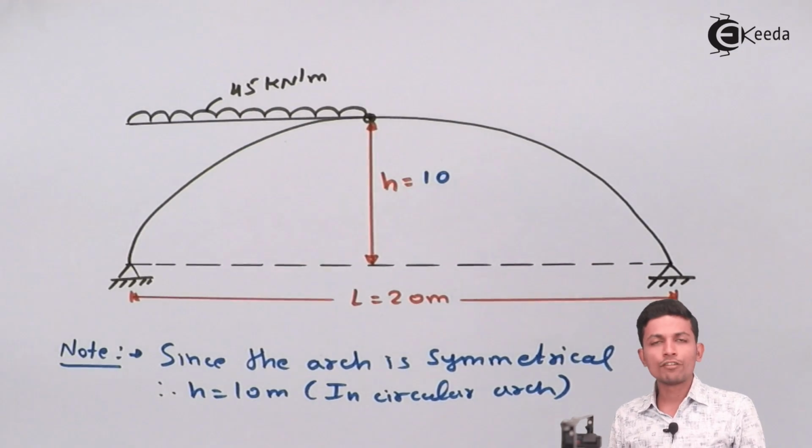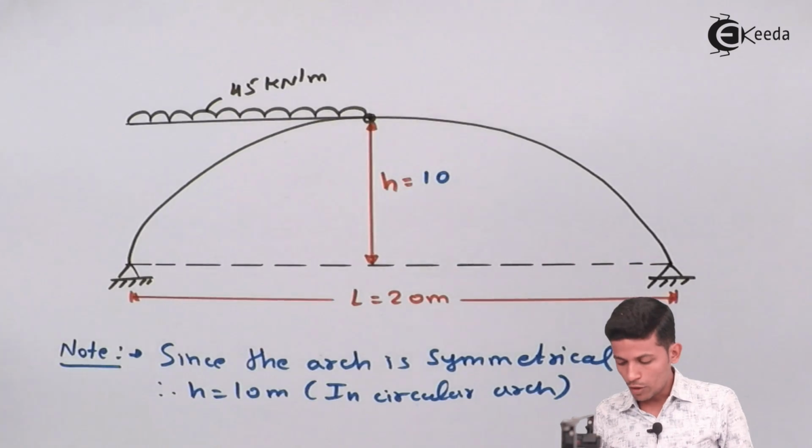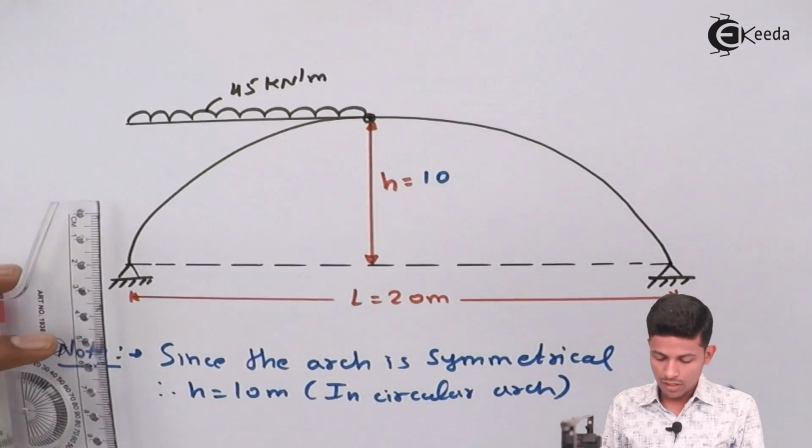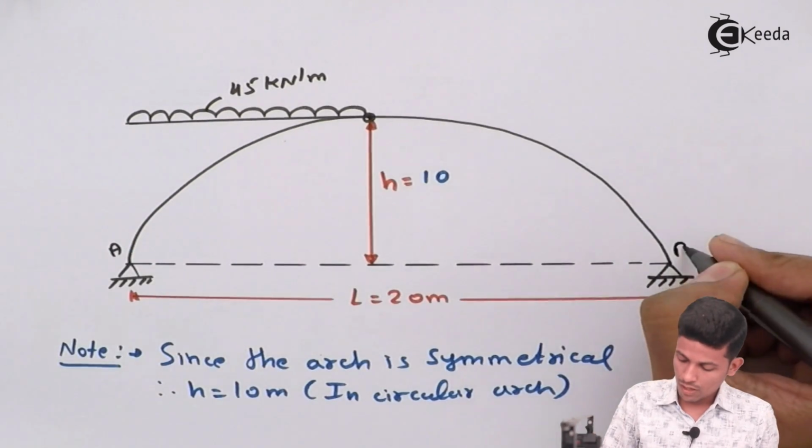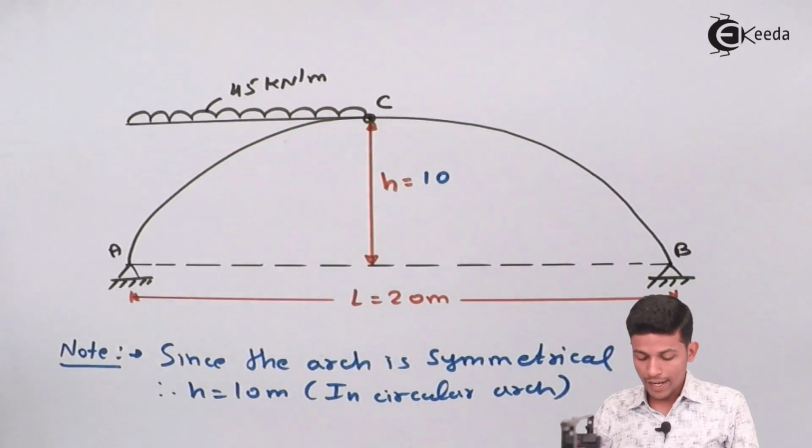Now after that, we have to first find the reactions. How will you find the reaction? See, this is your A, this is C. Now find the reaction.